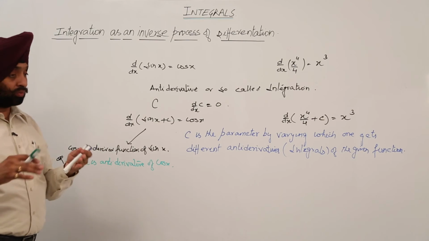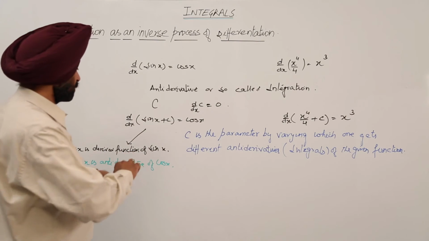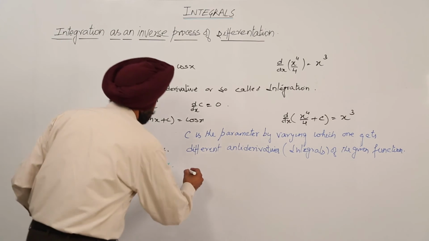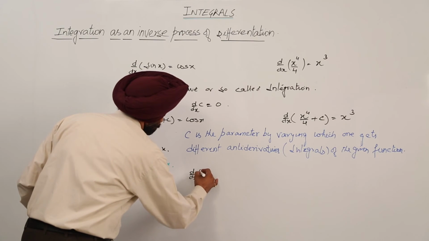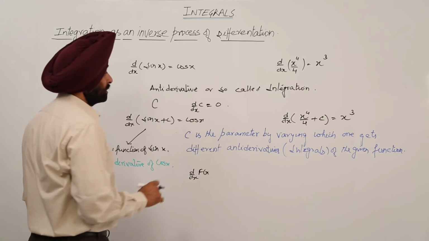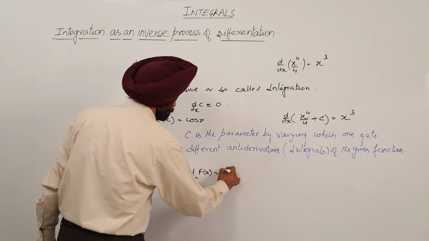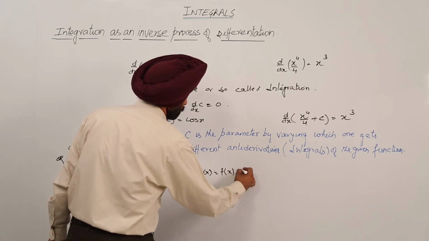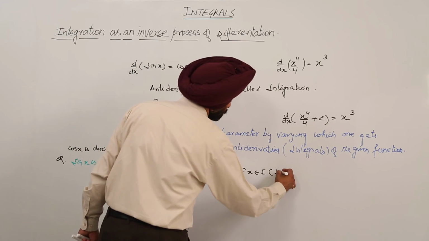Then we are going to go with some examples also. Now once more, the last thing we are going to do is d by dx of Fx is equal to fx for all values of x belonging to I, where I is some interval.